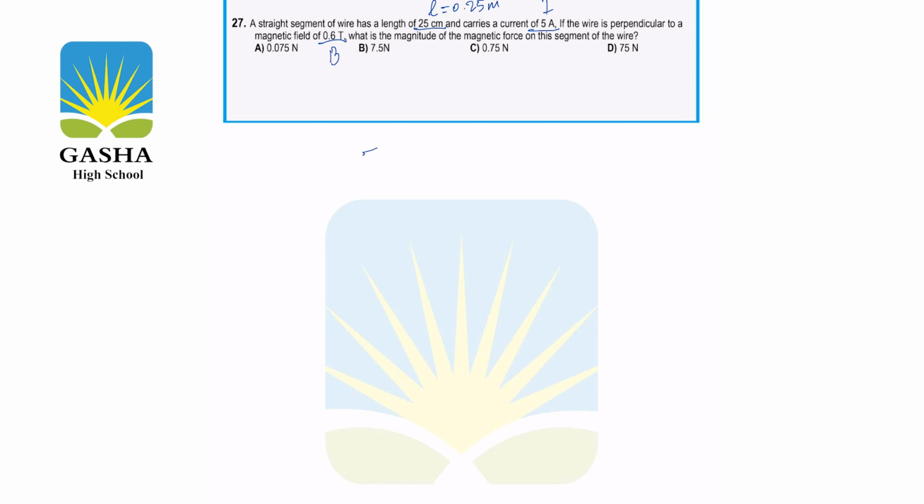Magnetic force is produced on the segment of wire when we have an external magnetic field, a length of wire, and a current passing through the wire, and that's perpendicular, so sine theta. So let's find Fm.